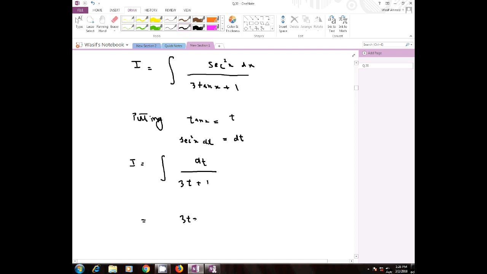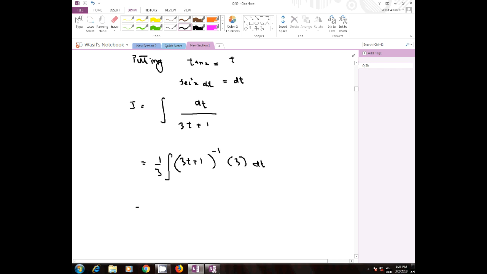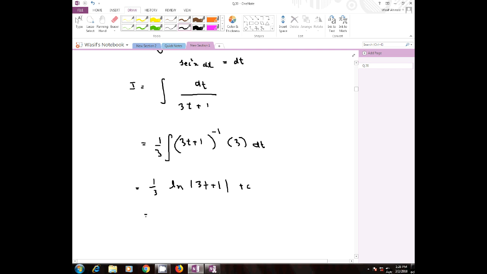This is 3t plus 1 whole raised to the power minus 1, and since the derivative of the base 3t plus 1 is 3, therefore you have to multiply and divide by 3. So obviously this is equal to 1 divided by 3 natural log of 3t plus 1 plus constant of integration.